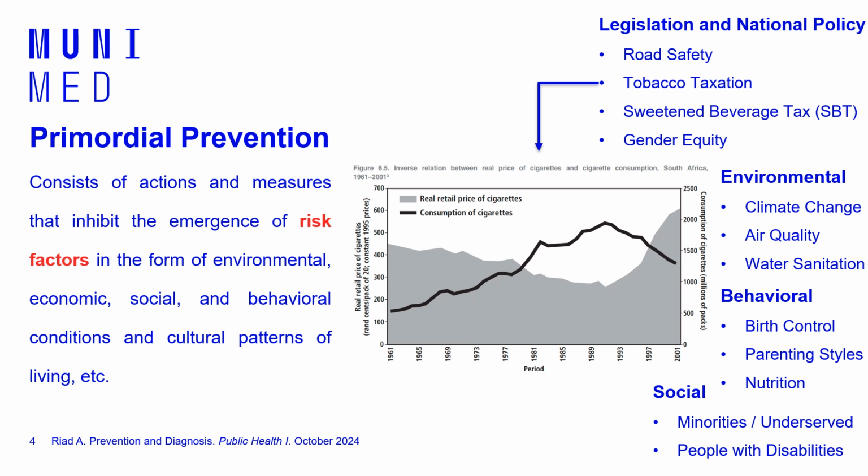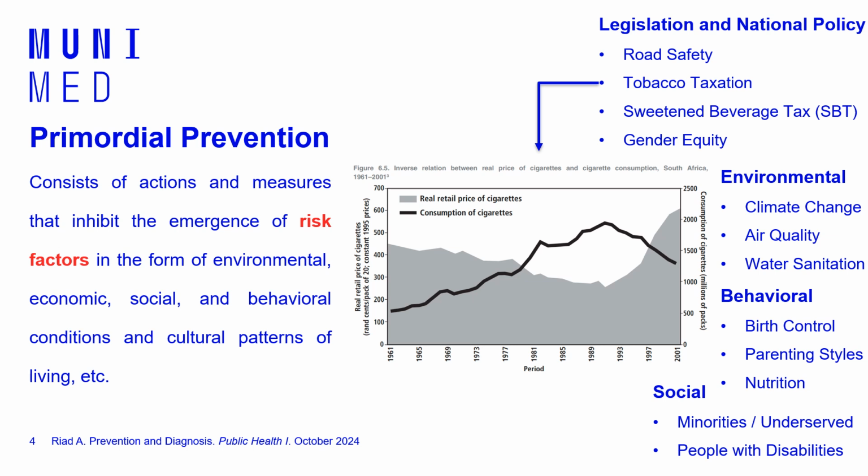Then at the beginning of the 1990s, there were new policies that aimed to increase the prices or taxes on tobacco. That's why the consumption rate started to decline from the mid to second half of the 1990s until the beginning of the new century, and at the same time the prices were getting higher.